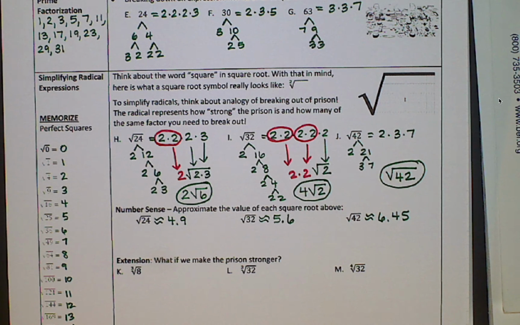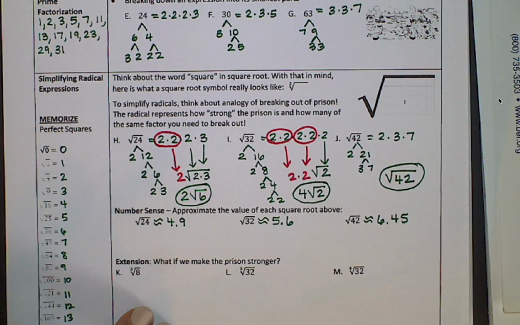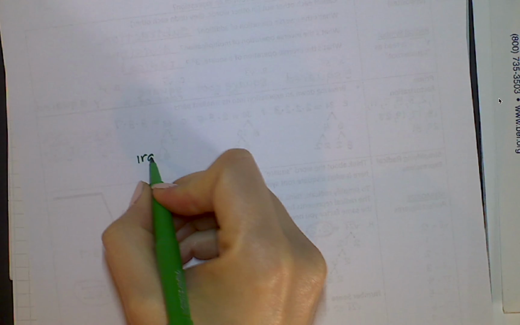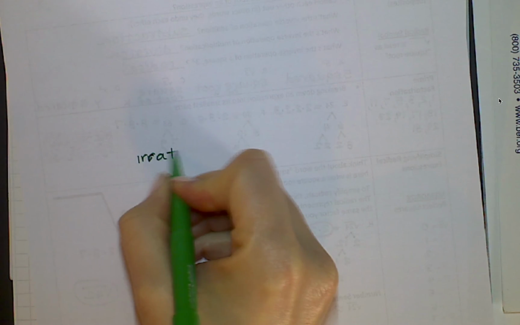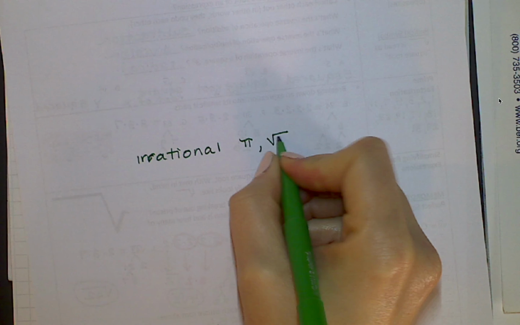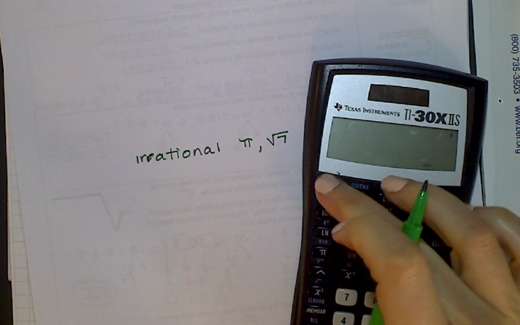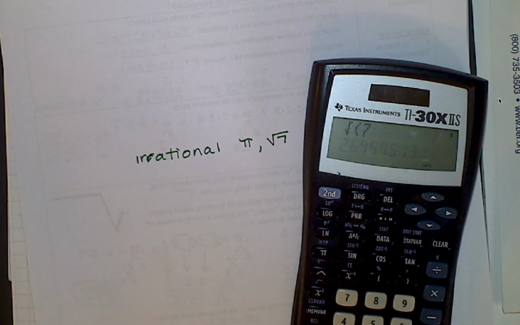Another thing on worksheet 12 is also talking about irrational and rational numbers. So just to remind you about rational and irrational. Irrational numbers have no end. So for instance, like pi or the square root of 7. If I put the square root of 7 into my calculator, it gives me this long decimal that doesn't end, okay?